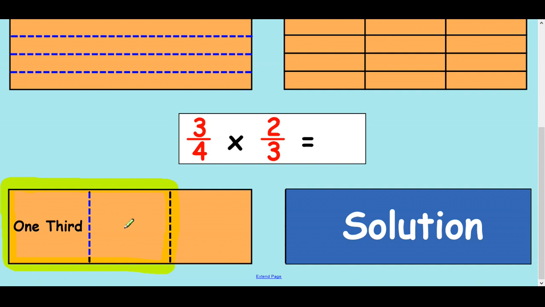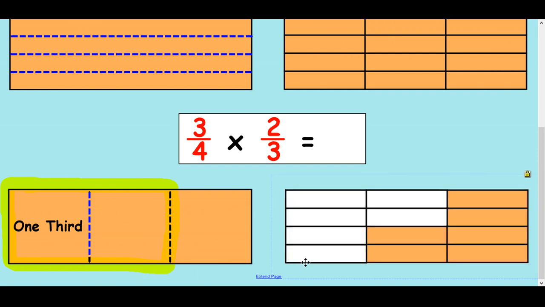There's 1/3 and another third, so that would be 2/3. If I split the third into quarters, there's quarters, isn't it? But I need to split everything else into quarters. And if I look at 3/4 of the highlighted yellow bit, that's there, isn't it? There's 3/4 of that.